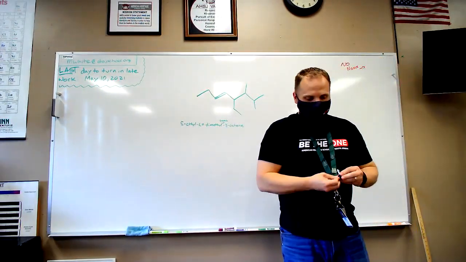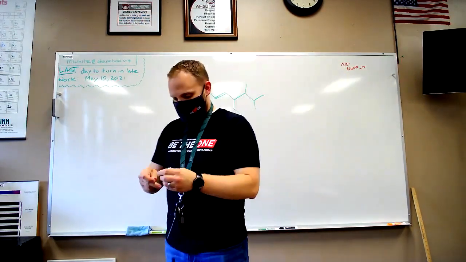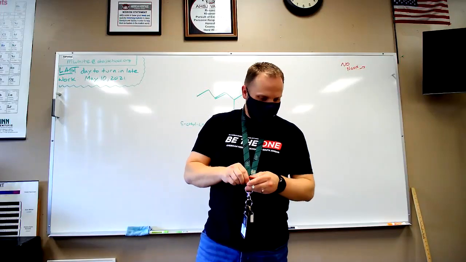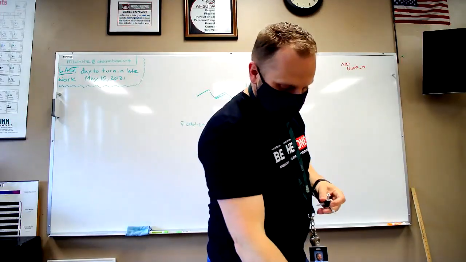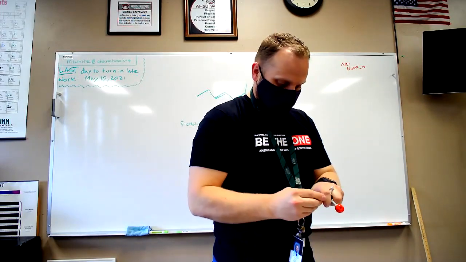Now we have molecules that can do this. I thought I had them made already, but I guess not. So I'm going to pop this together and make an example for you.